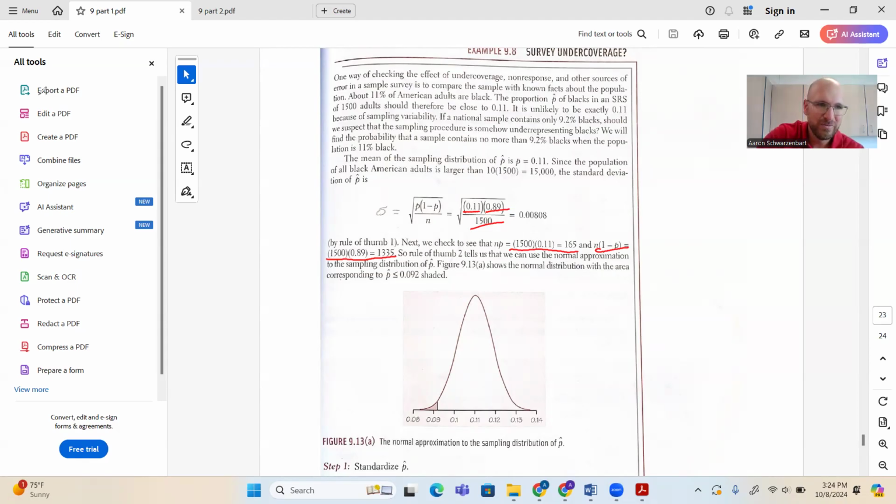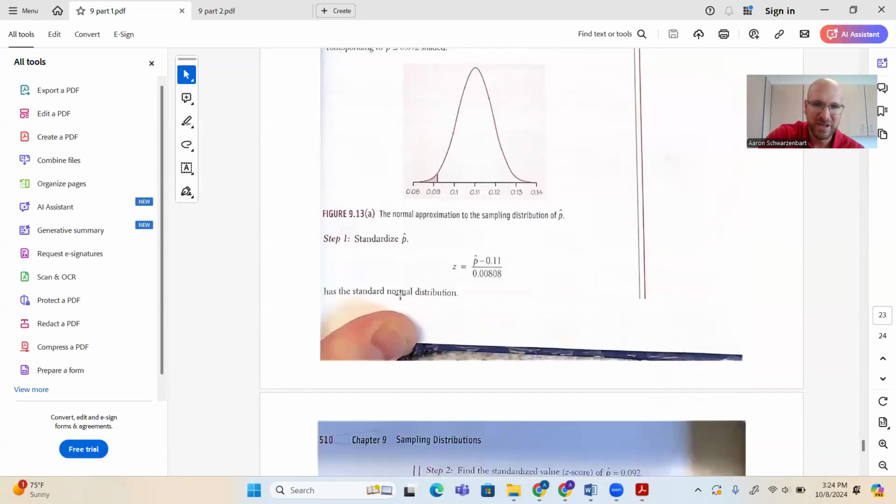Now, we are going to check our values by standardizing p hat. We're using this formula, and we can plug in for p hat 0.0902, minus 0.11, over 0.00808.